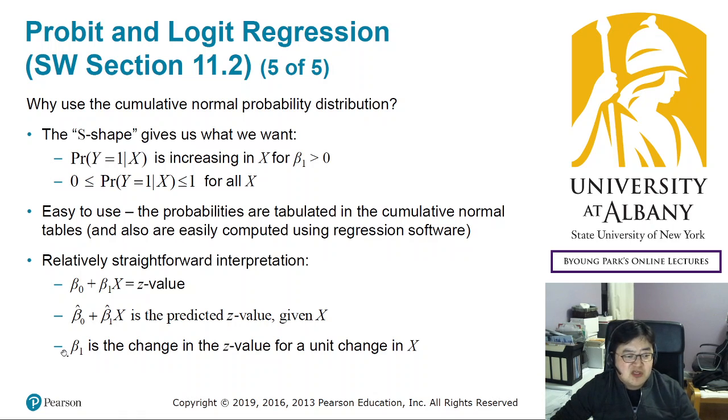The interpretation of beta 1 is that when x increases by 1 unit, your imaginary score increases by beta 1. It means nothing in reality because there is no such score. You don't know how the bank grades your application. So the score is a purely imaginary object that we use only for theory. So that's another thing you have to be careful about.